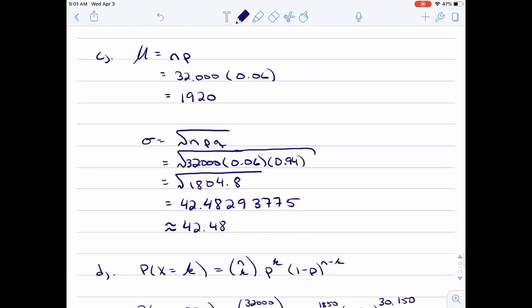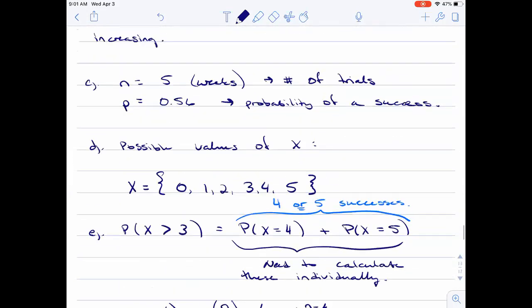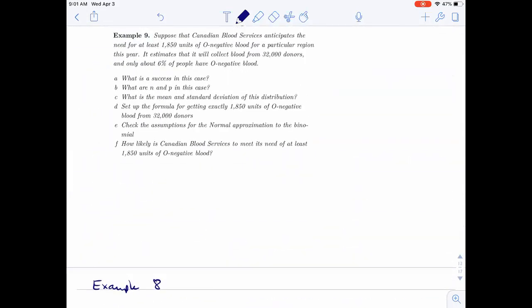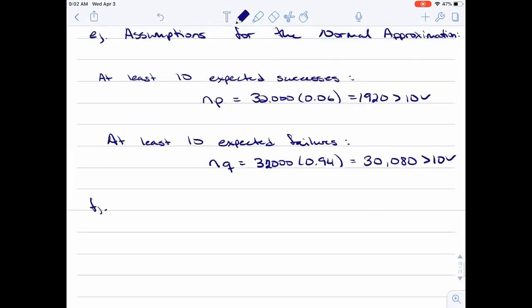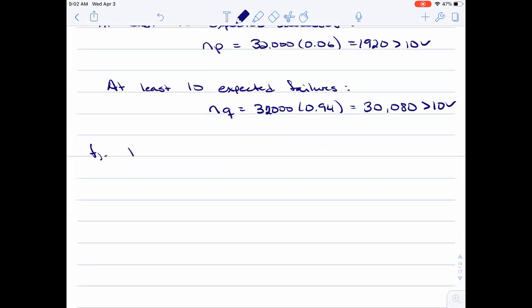So part F, they need at least 1,850 units of O negative blood. And so we want the probability that X is greater than or equal to 1,850.